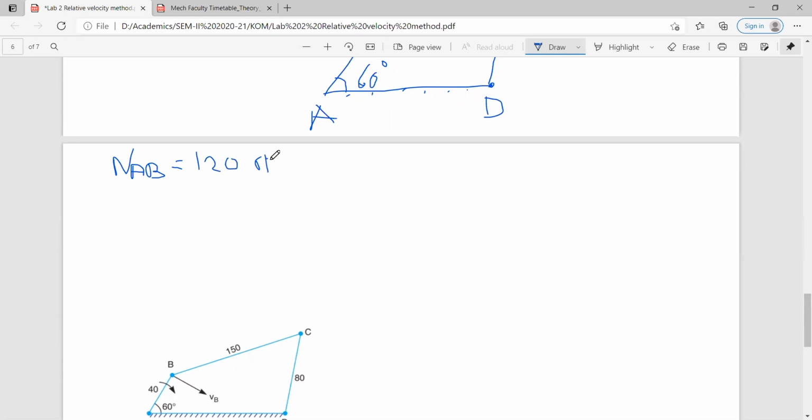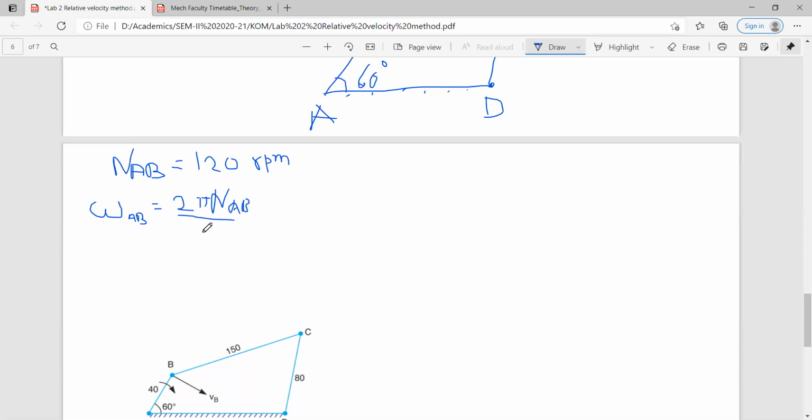So you know how to find out the angular velocity, that is in radian per second. If you are using the RPM, there is a relationship between angular velocity, what is that, that is 2 pi N upon 60.